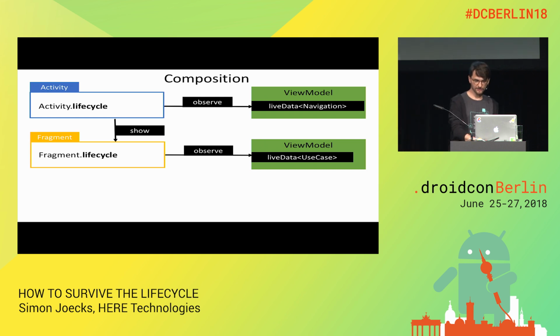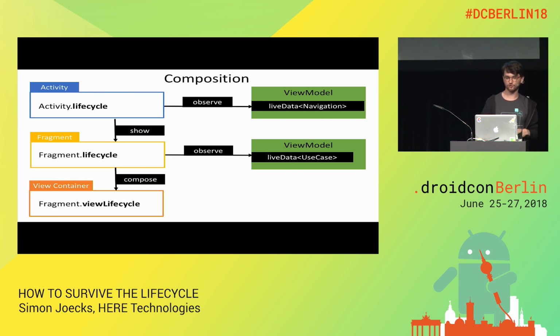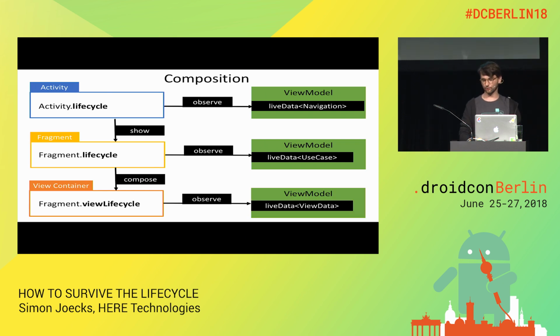And once you get any information about how to change the use case, you deliver it to the third level, the view container, or a view level, you could say, where we're going to use the view lifecycle. This is then held internally, and there it observes its own view model, and it's going to update aspects of itself accordingly.